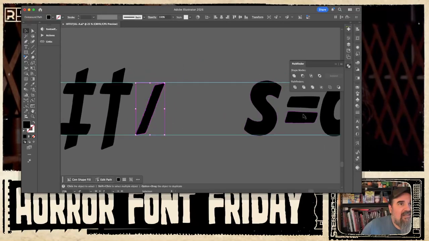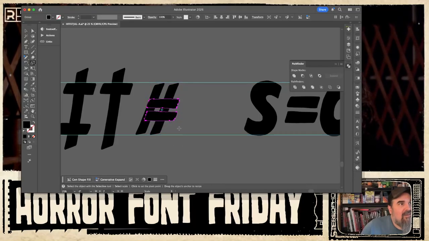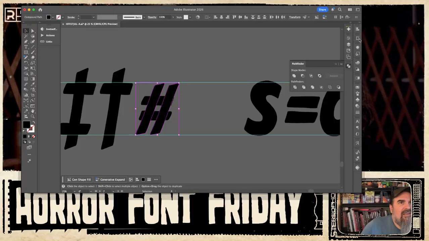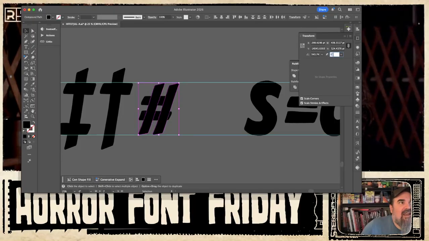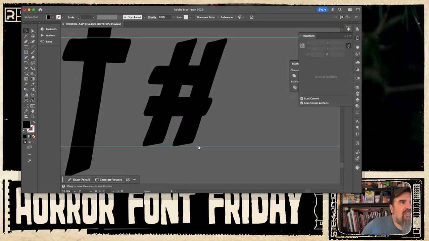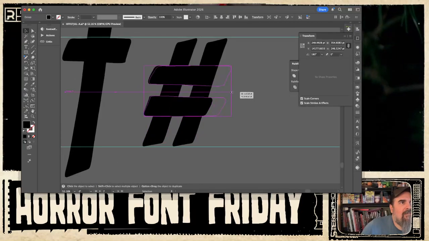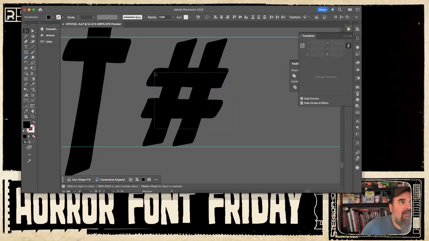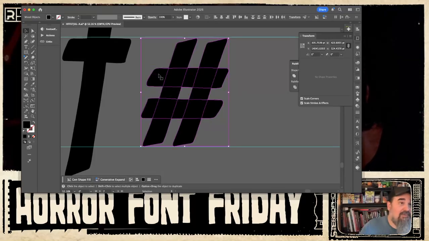Dollar sign or pound sign, also known as the hash sign these days. I saw an interesting video on the history of the pound sign and hash sign and how it was originally a ligature of an LB, which stands for Libra, I believe. I could be wrong.